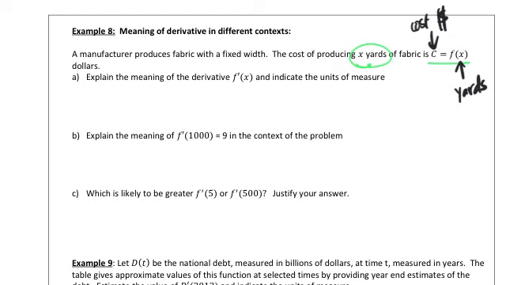So first question says, explain the meaning of the derivative f prime of x and indicate the units of measure. So units of measure, we know that the derivative is a rate, right? So we know that the units of measure has to be a division. It's going to be dollars per yard. Okay, that would be the unit of measure of the derivative.